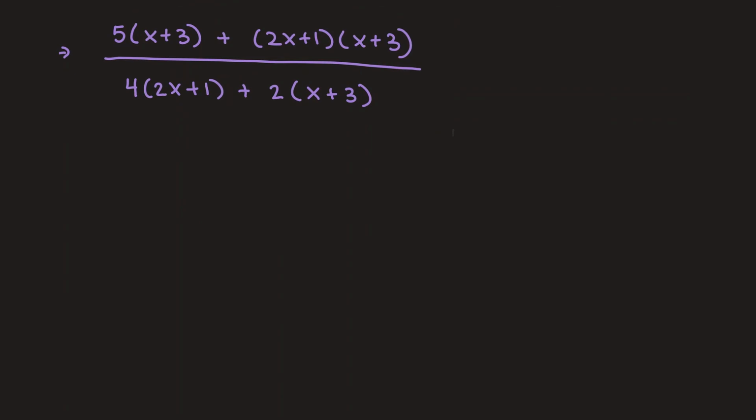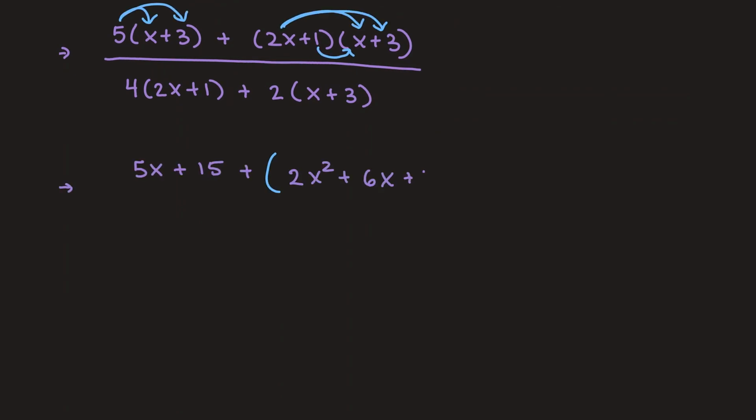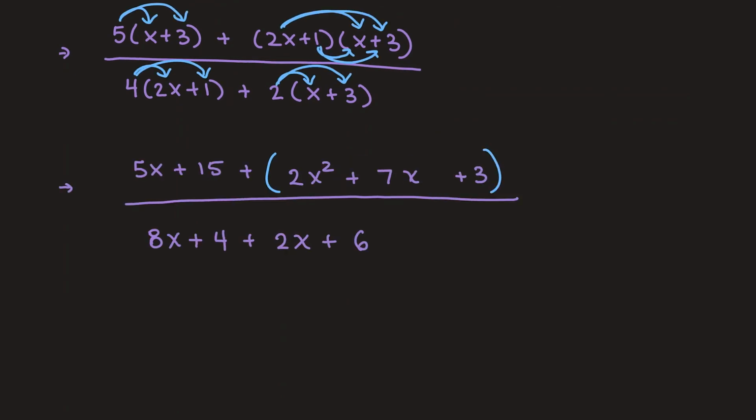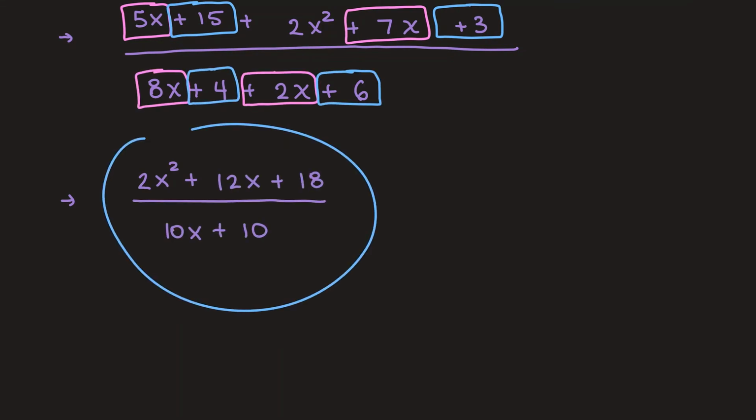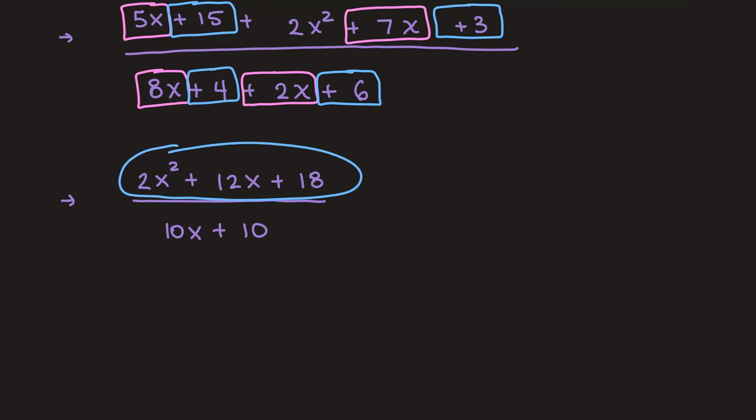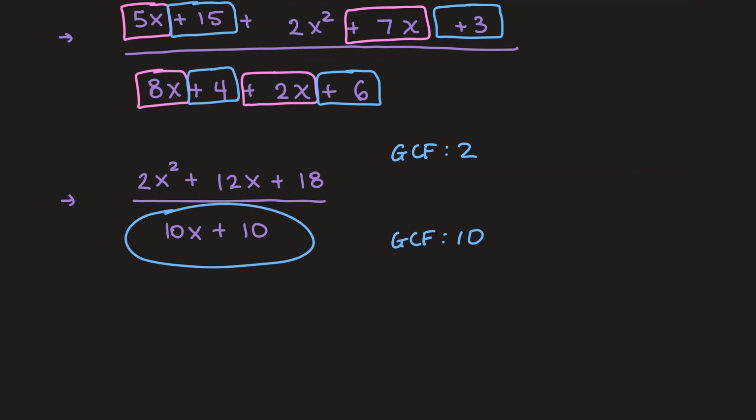Then we simplify the numerator and denominator by multiplying and combining like terms. And now we just check to see if our rational expression is in simplest form. We can factor the numerator by factoring out a GCF of 2. And then we can also factor out a GCF of 10 in the denominator.